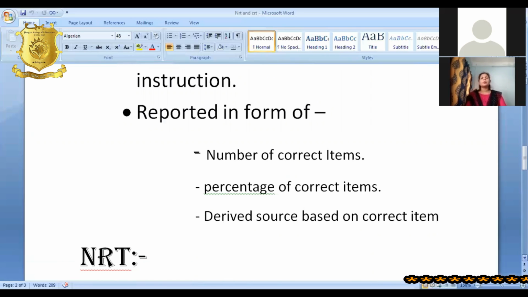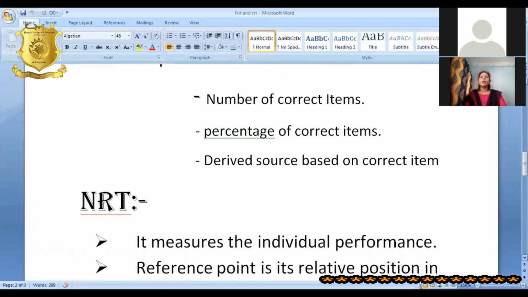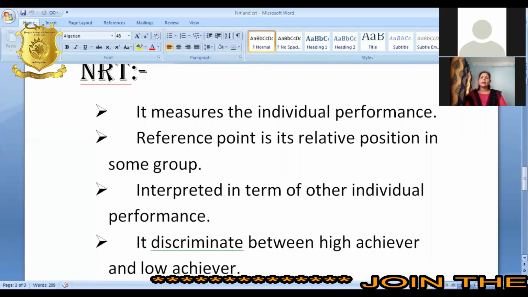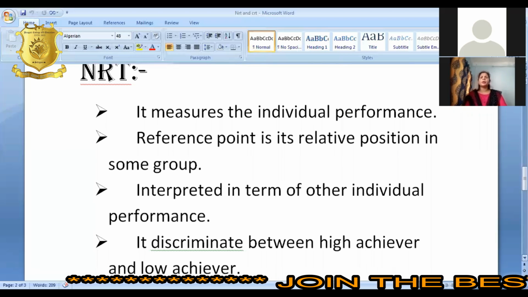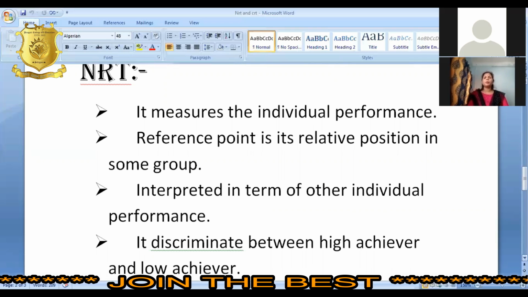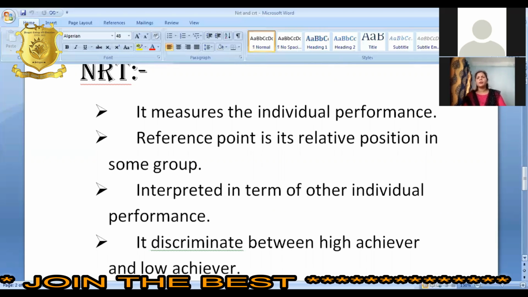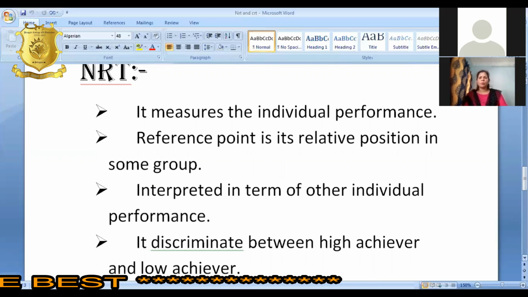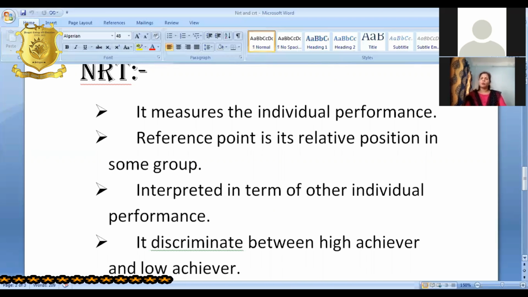Now we'll discuss what NRT is. NRT is the norm referenced test. This test also describes the individual performance, in terms of the relative position of the student with a known group. Here the reference point is the relative position in some group, and the test result is interpreted in terms of the performance of the other individuals.